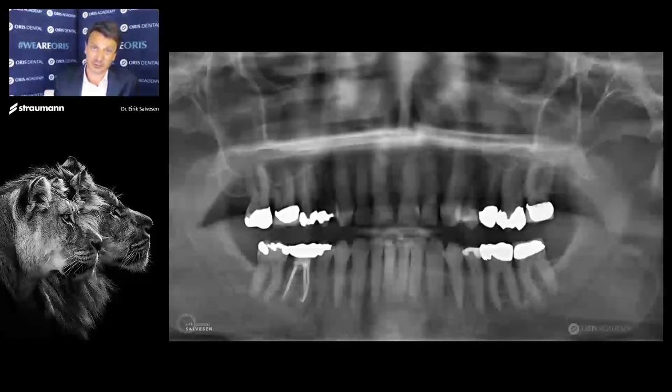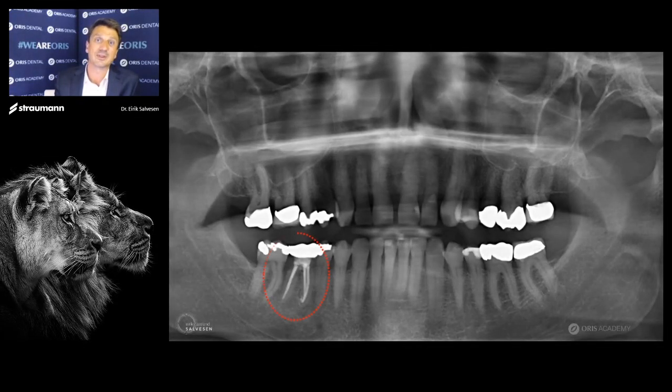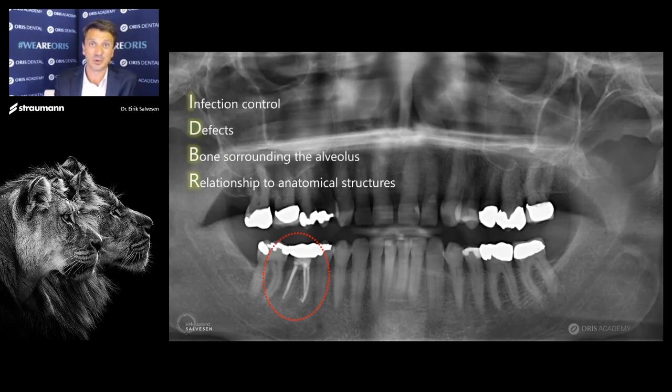How about molars? Well, it's the same analysis. We do what I advise you to do. Infection control, consider the defects, look upon the bone surrounding the alveolus, and also the relationship to anatomical structures. In this case, no specific apical infection.